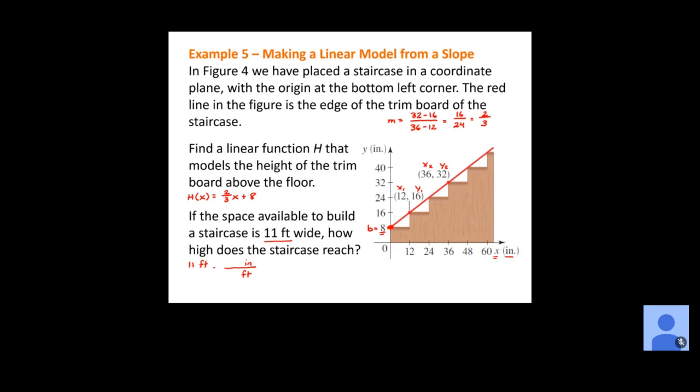Now I'm going to think about the conversion between feet and inches. Well, for every 1 foot, we're going to have 12 inches. So there's my conversion. In this case, my feet now cancel out because I have feet on top and bottom. And when I multiply this now, I'm going to have 11 times 12, which should give us 132 inches.